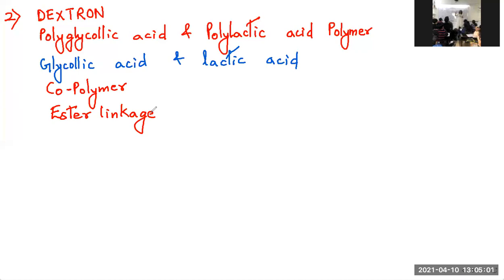Now, what is glycolic acid? Glycolic acid is basically 2-hydroxy ethanoic acid. Okay, and lactic acid is, anyone knows?